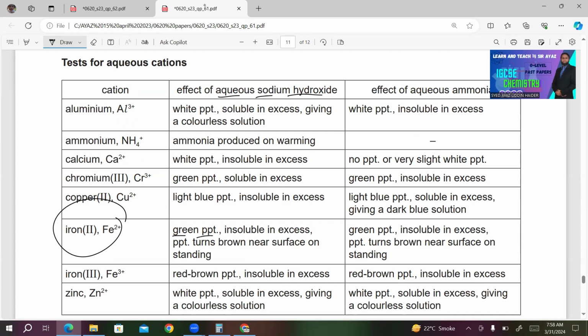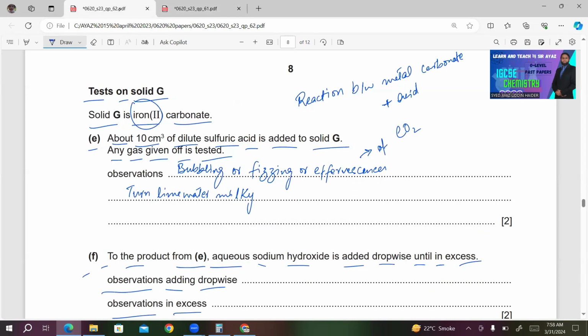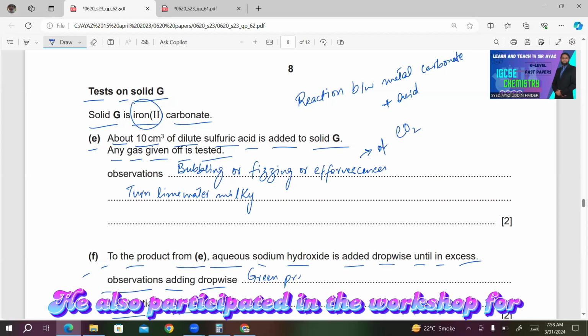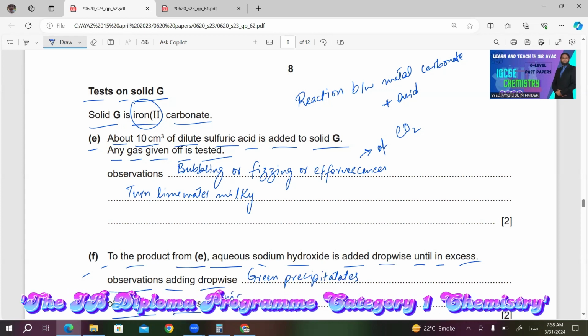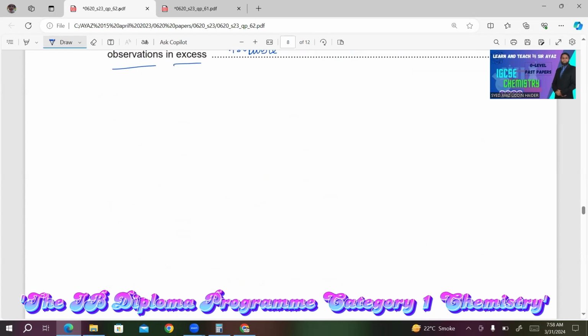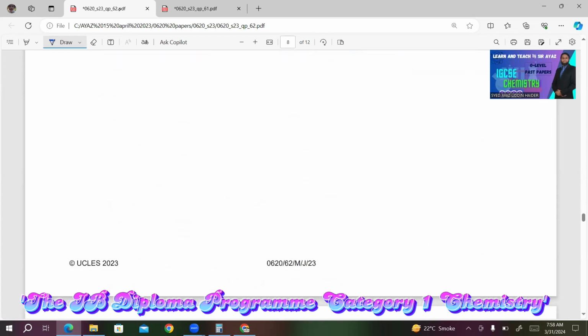You will get a green precipitate, which is insoluble in excess, or it turns brown near the surface on standing. So you'll write green precipitate, insoluble in excess. Moving to the next question.